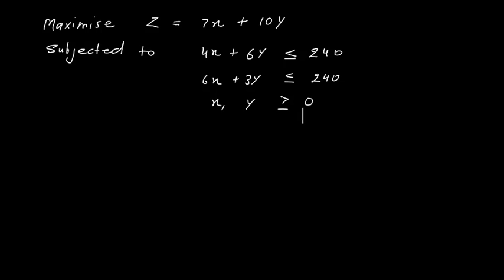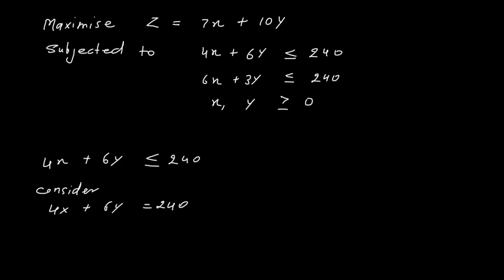Now we will first draw these inequations. So here we have 4x plus 6y less than or equal to 240. So consider 4x plus 6y equals 240.